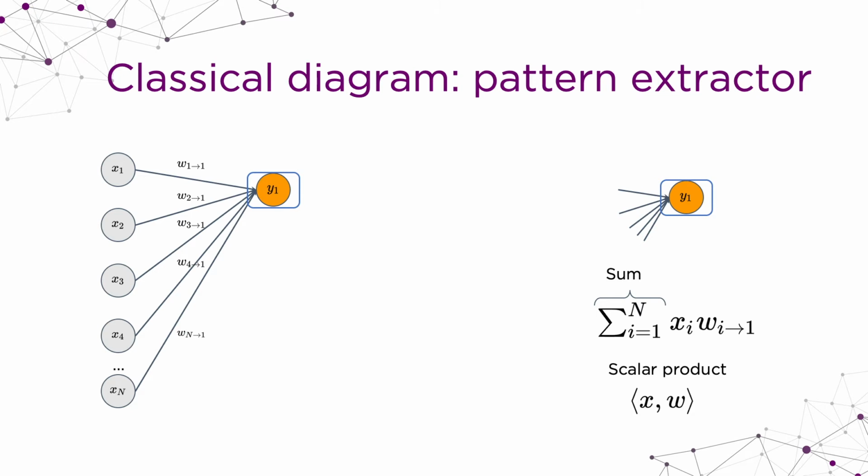As you can see, the parameters here will encode the pattern. This will encode the data. And now this neuron will contain the value that represents the product of this parameter with this, and the sum over everything.